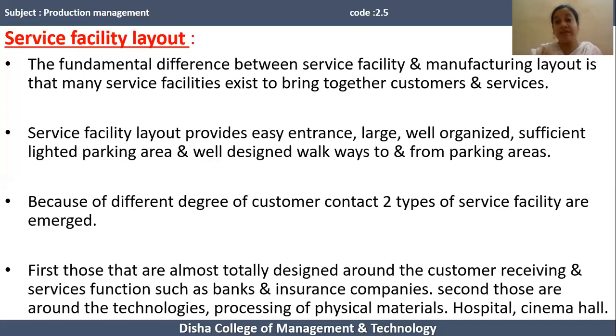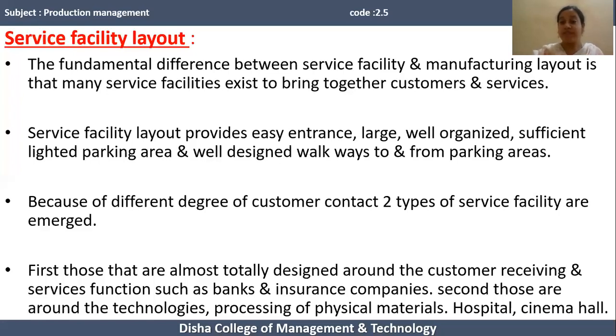in the second case, there are some organizations which provide various services to the customer by using different technologies and various physical materials. Take the example of a hospital, or a multiplex cinema hall. A hospital provides service to the patient by using different technologies and different physical materials.